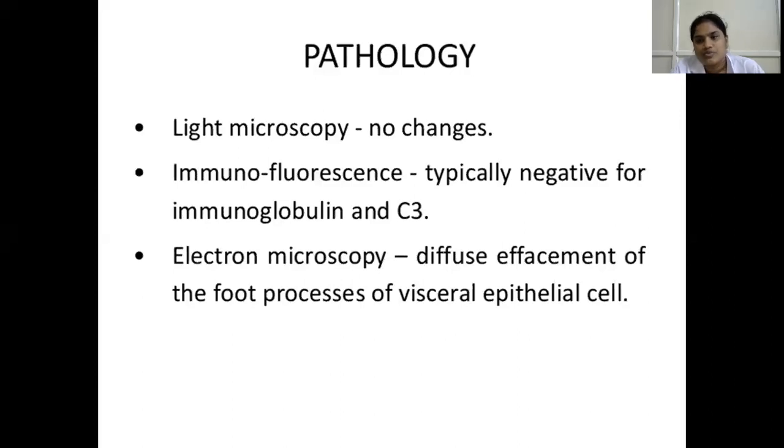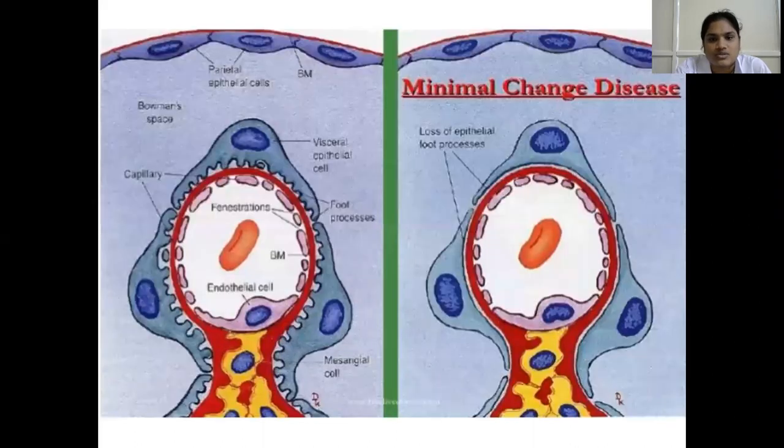In pathology, on light microscopy, no changes are seen. Immunofluorescence is typically negative for immunoglobulin and C3. Electron microscopy shows diffuse effacement of the foot processes of the visceral epithelial cells. So this is the picture.